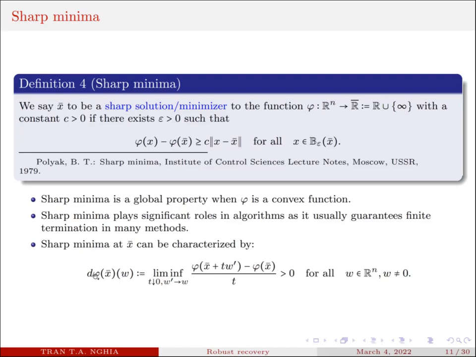If you use the sub-derivative right here, or the directional derivative for the convex case, the sub-derivative is bigger than 0 for any w different from 0 if and only if we have the sub-minimizer. So roughly speaking, if you can compute the sub-derivative right here, then you can get the characterization for sub-minima easily, okay?